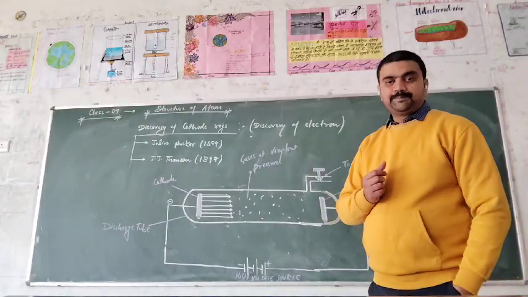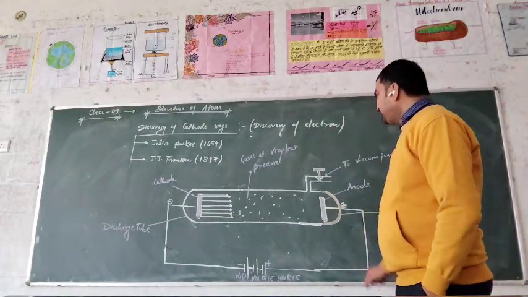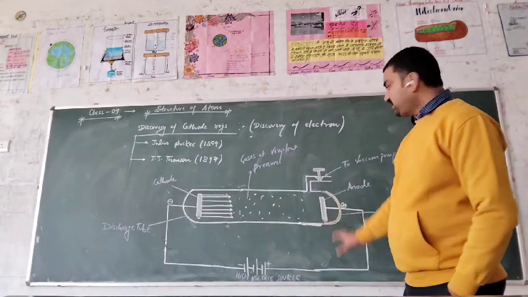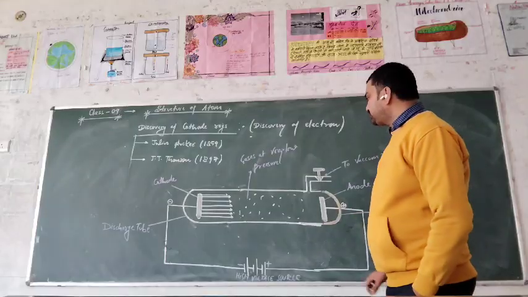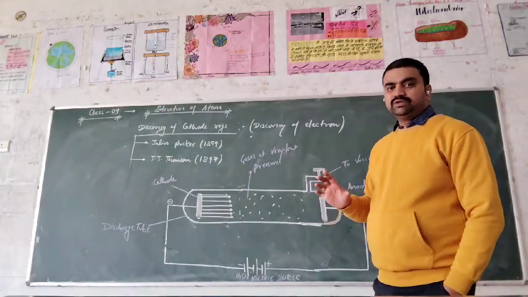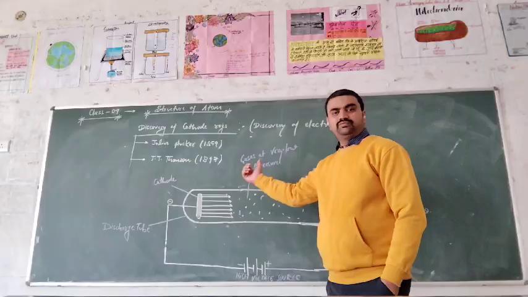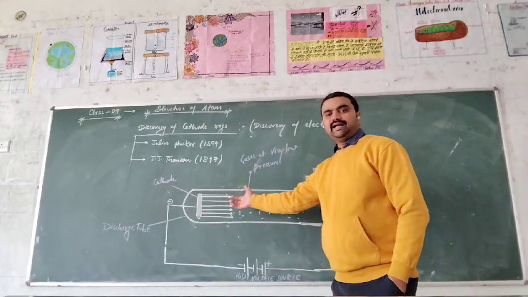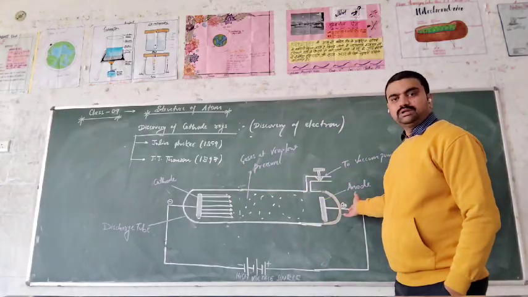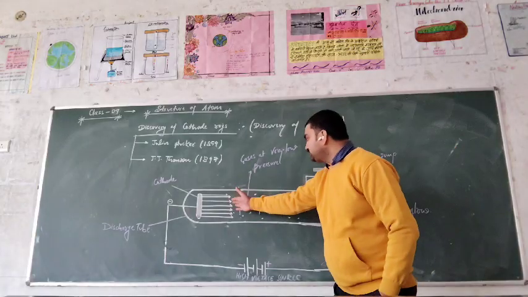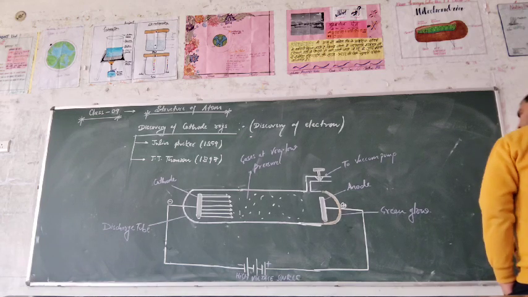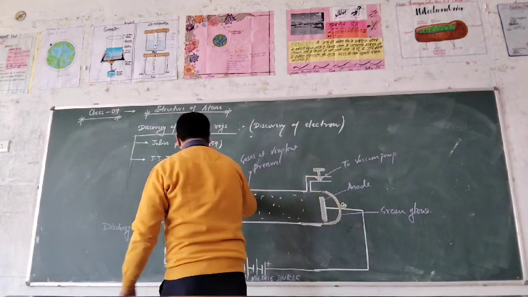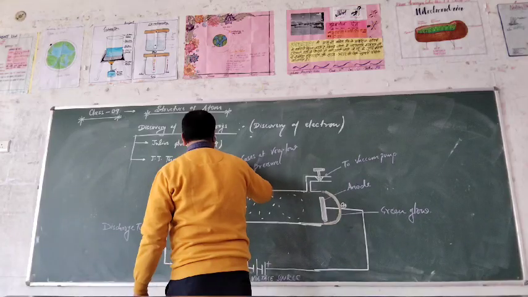And finally, at a very low pressure, he observed that there is a type of rays originating from the cathode side and falling towards the anode wall. This is the cathode rays.